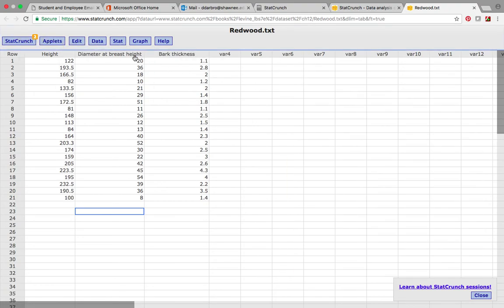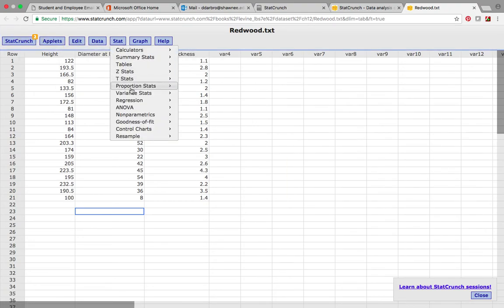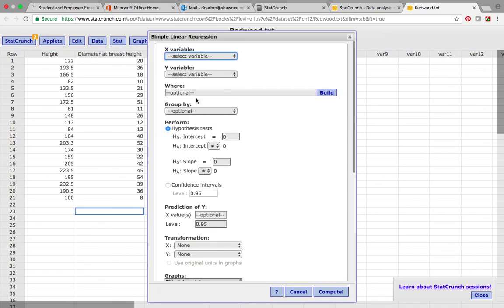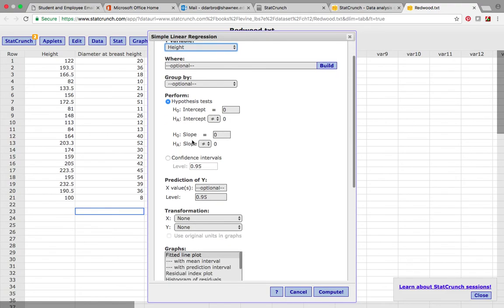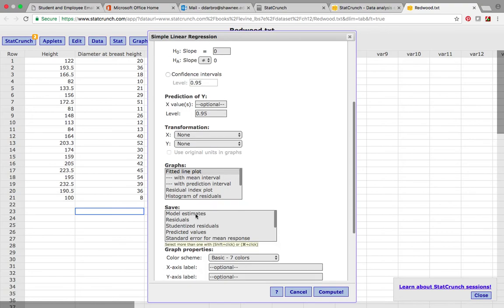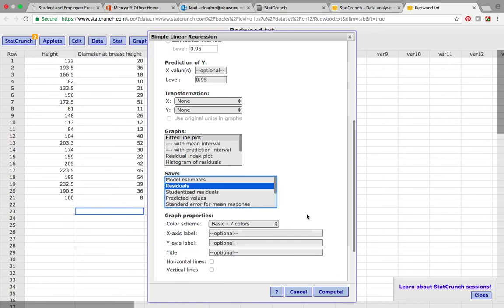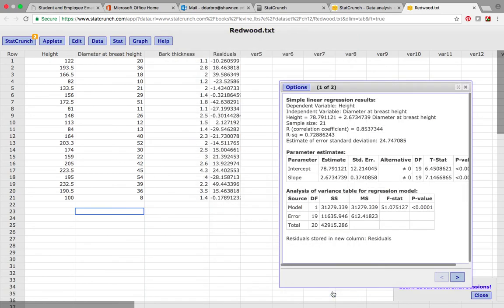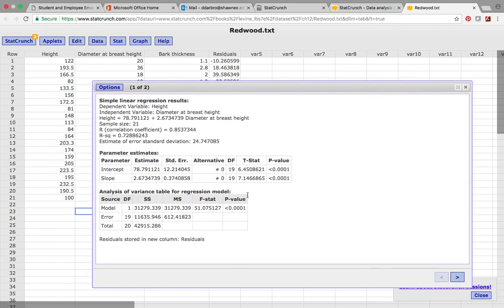All right, let's move into regression. So we want diameter at breast height to predict the height of the tree. I want to perform a hypothesis test, and I want to save the residuals. Now I'm looking at two things, but notice they give me the same thing.